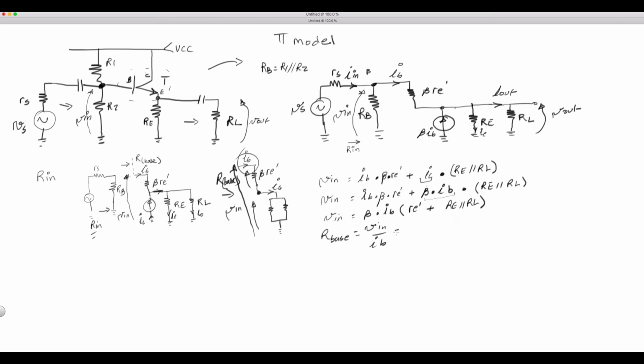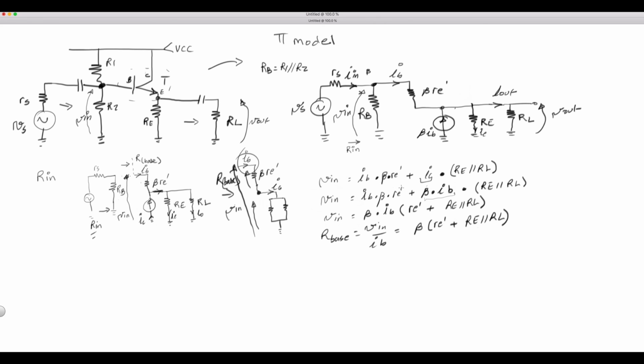So what is that? Well, we can get rid of the IB, simply beta RE prime plus RE in parallel with RL. Let's write that down, because our next analysis, we want to find out what is AI.